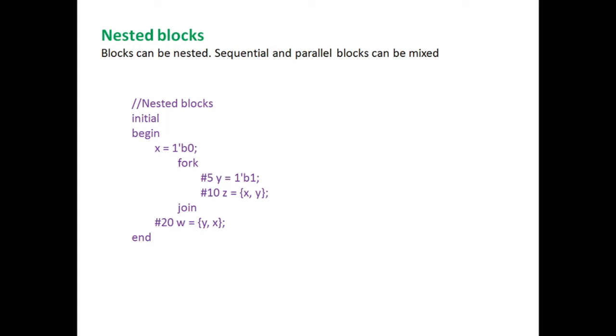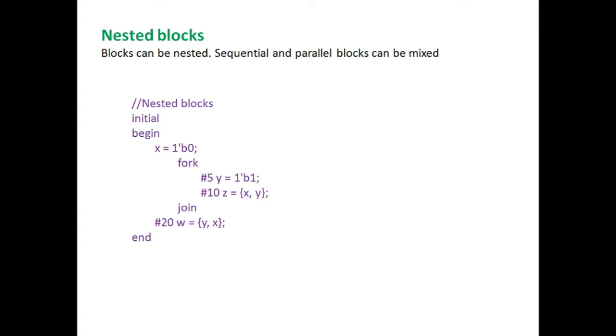Then w will be in the sequential block again. The greatest amount of time for the parallel block to execute its statements is 10 seconds, so this 10 seconds is the reference now.